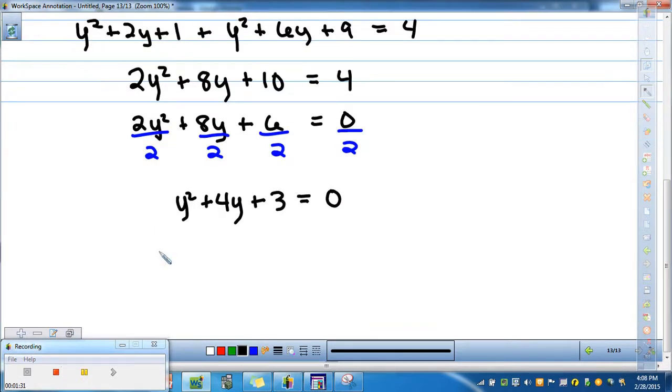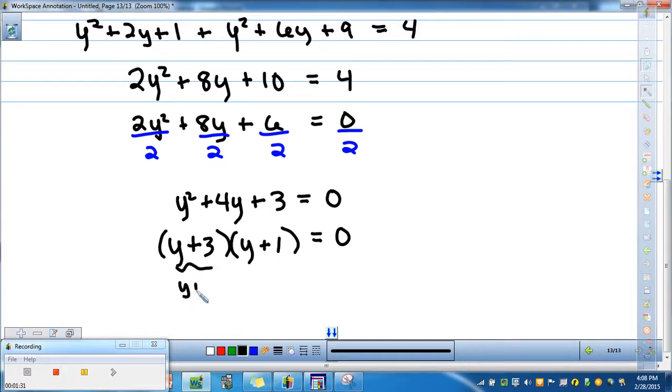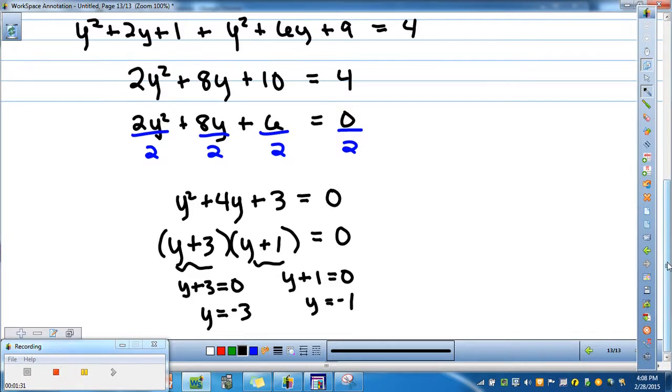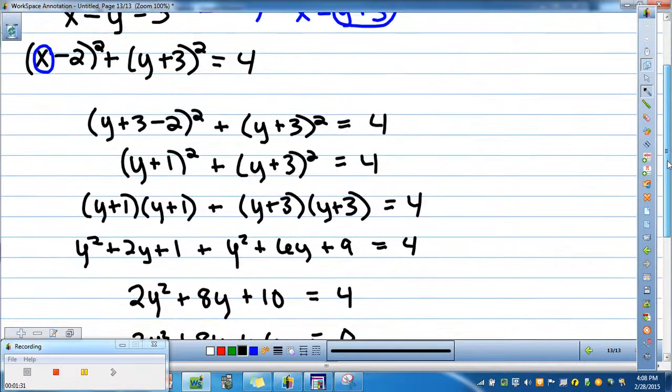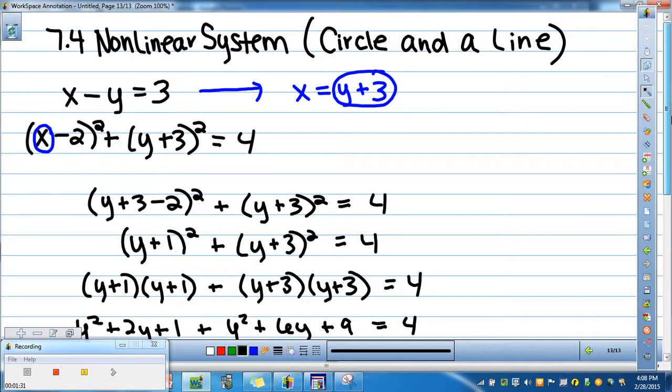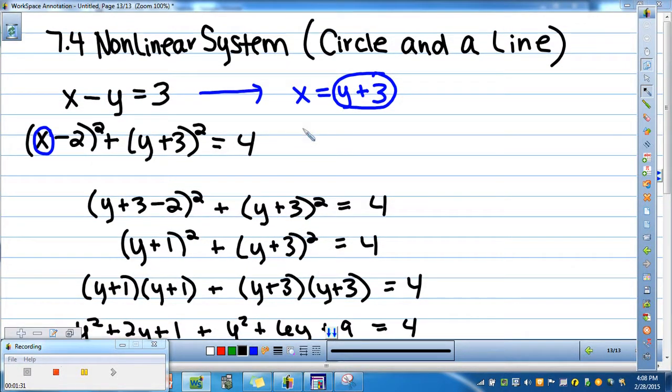Now we will factor. Find two numbers that multiply to 3 and add to 4. Set each factor equal to 0 and solve for y. These represent the y values for the intersection points. To find the x values, we will go back to this x equals y plus 3.